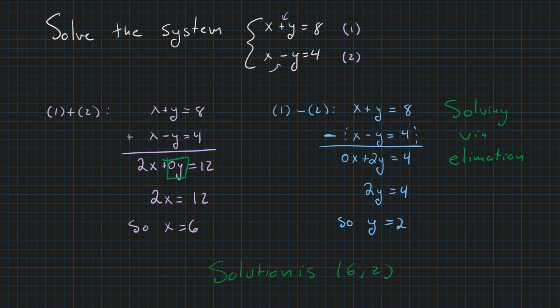Over here, we subtracted the two equations because we noticed that if we subtract them, the coefficients of the x's go to 0. So this one we can think about is that we eliminated x. And in this one over here, we eliminated y. So that's the basic premise of elimination.